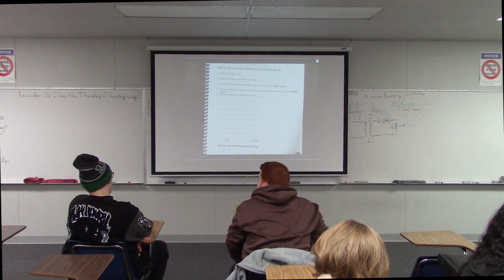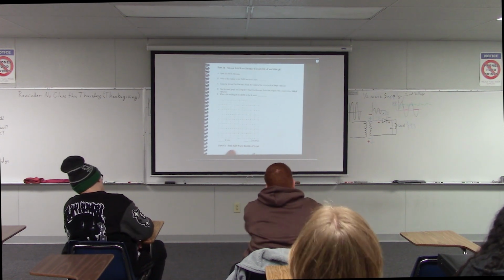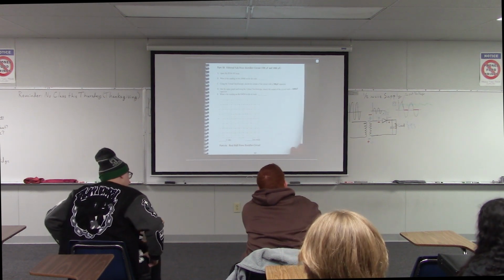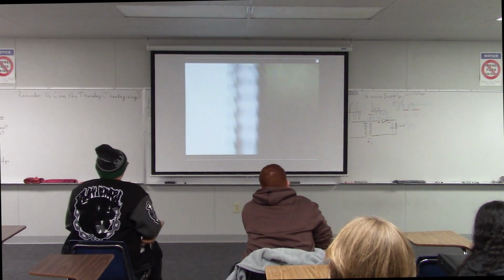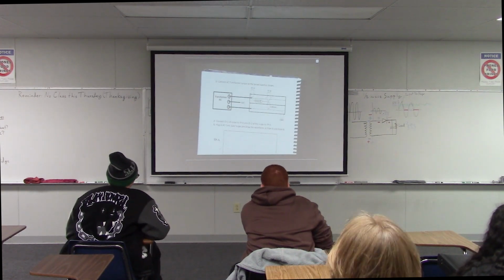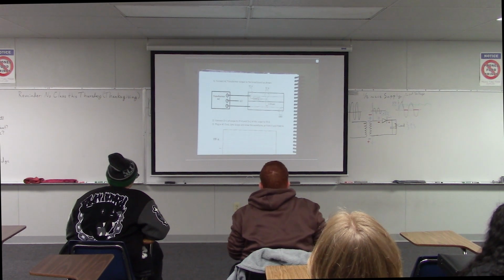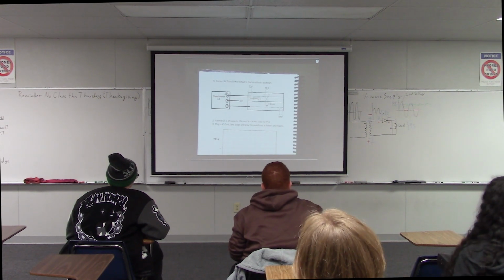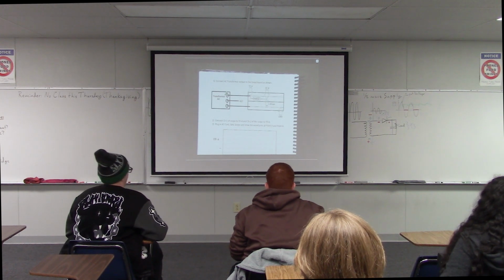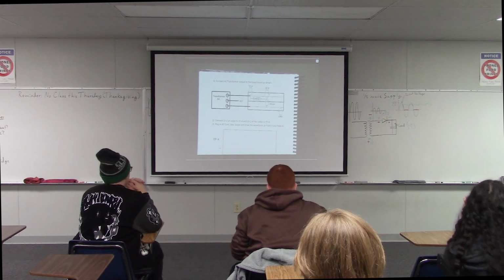And then you're going to build a real half-wave rectifier circuit. For this, you're actually going to build a circuit on a breadboard. We're going to use these transformers, the same type of transformer that we used earlier in the semester.